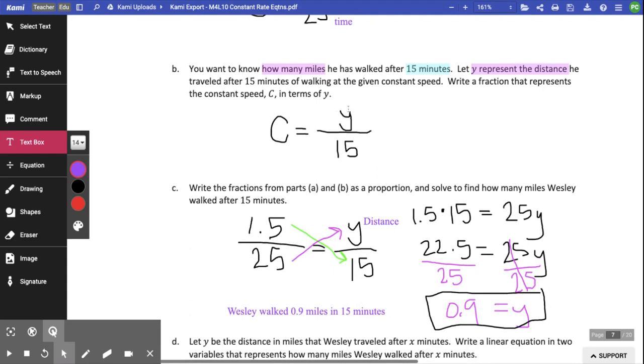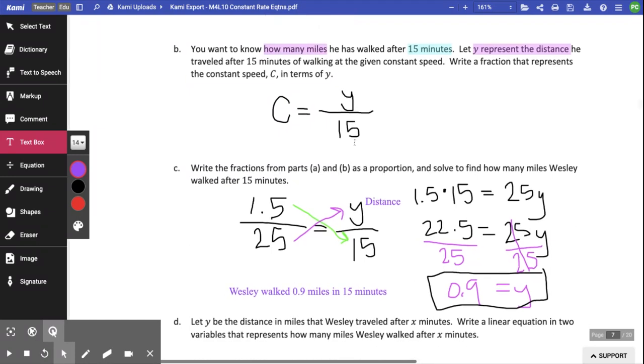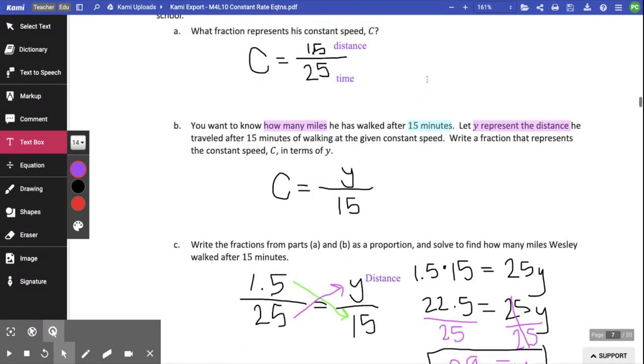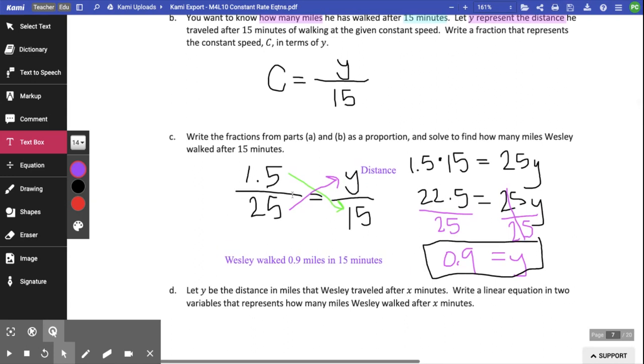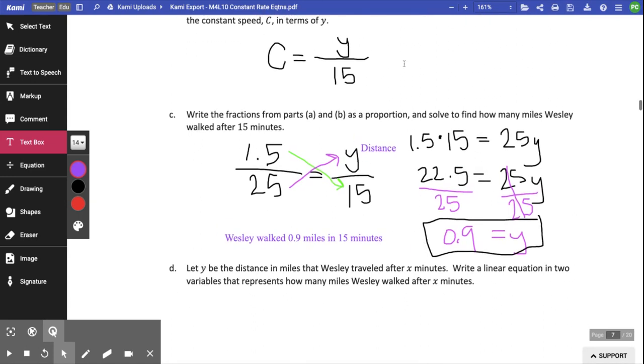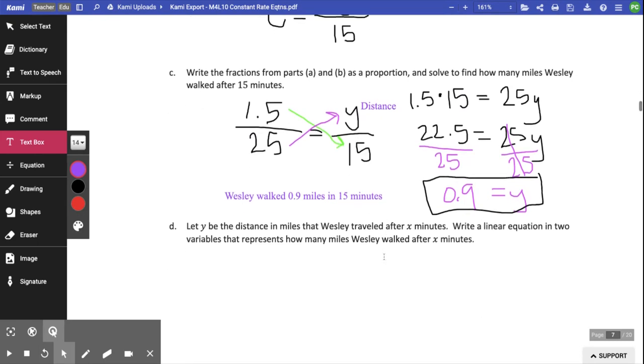So we set up another constant rate fraction using the letter y to represent the amount of miles over 15, because it was 15 minutes. Then with the known constant rate and the unknown amount of miles that he walked in 15 minutes, we set an equal proportion, two fractions that equal each other, and we cross-multiplied those to solve for the unknown amount of miles. When we solved through that, we got that Wesley walked 0.9 miles in those 15 minutes.